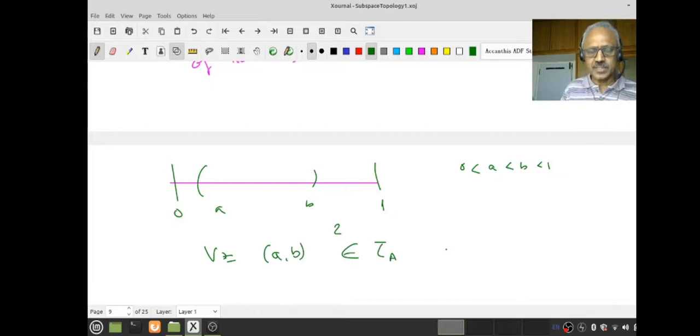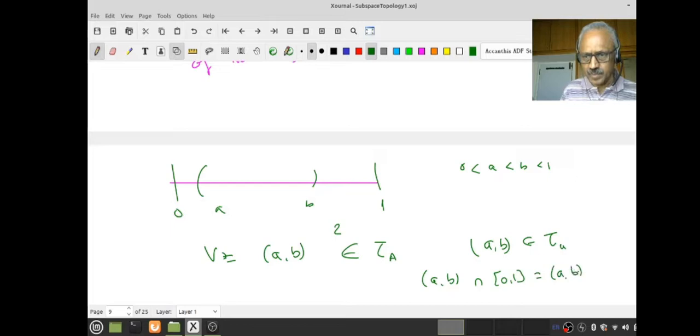Is it open in the subspace topology? But that's obvious. How many of you think it's obvious? Because this actually belongs to tau, the usual topology. Therefore this intersection [0, 1] is itself, because (a, b) is contained in the interval [0, 1], therefore it's (a, b). Okay, therefore it belongs to tau A.